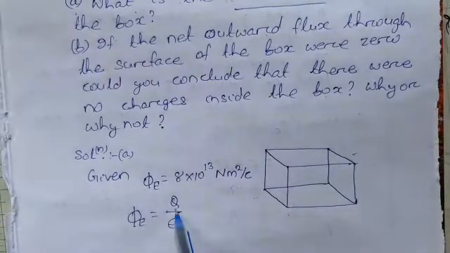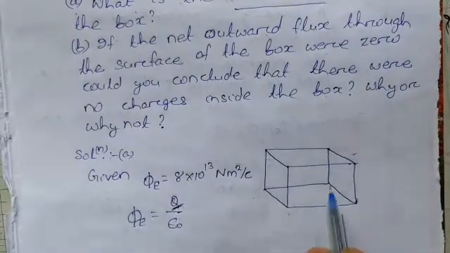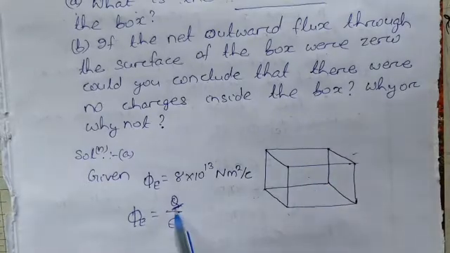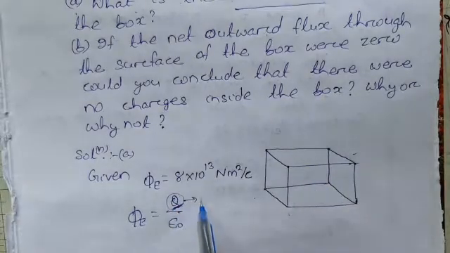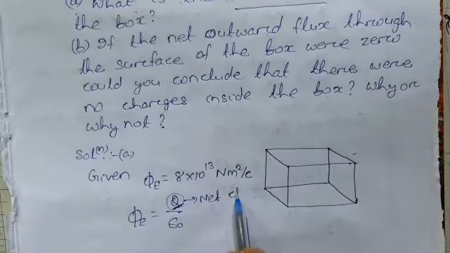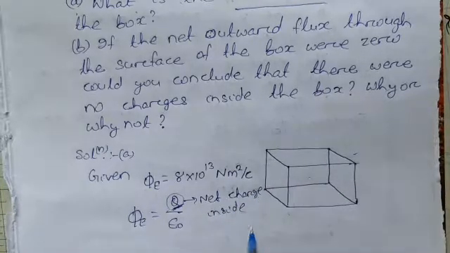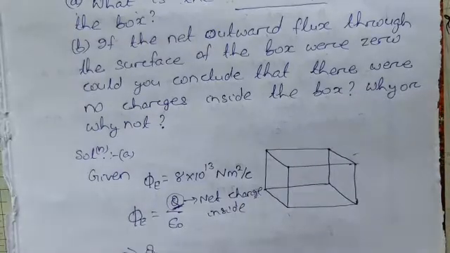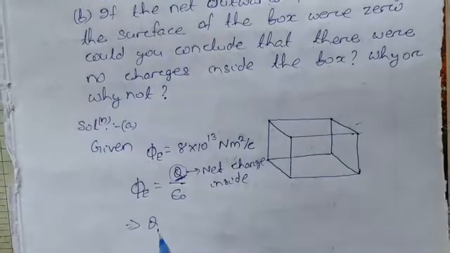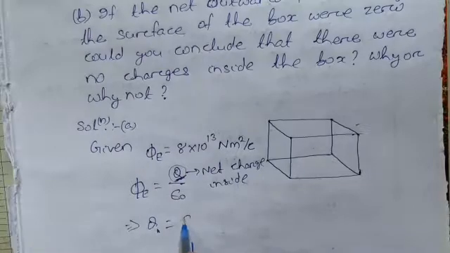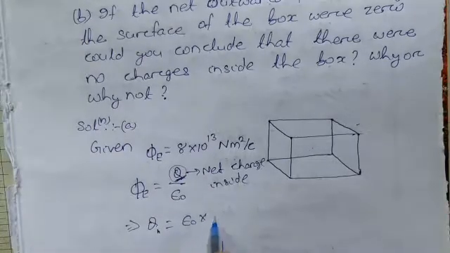So he is asking about the net charge inside this box. I can say this Q is the net charge inside. That implies the net charge Q equal to epsilon naught into phi suffix e.